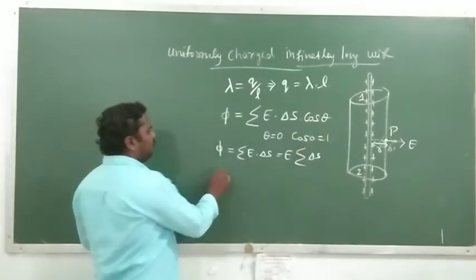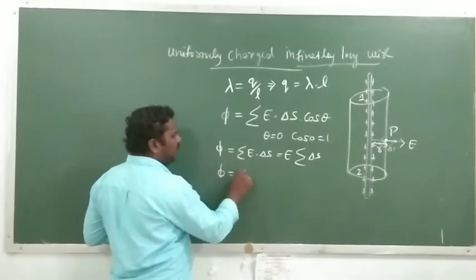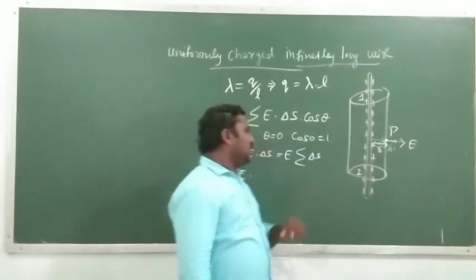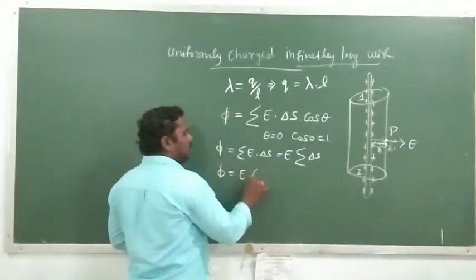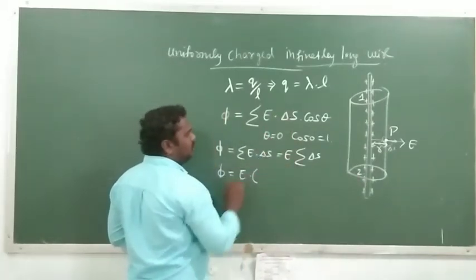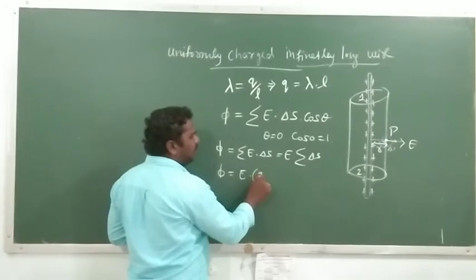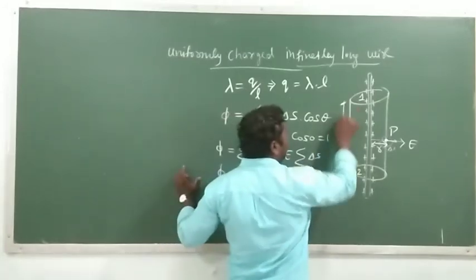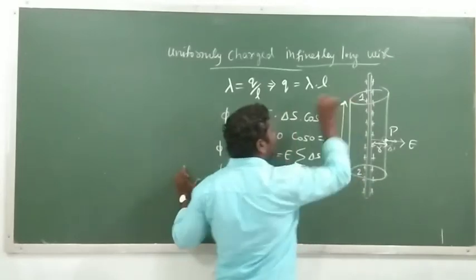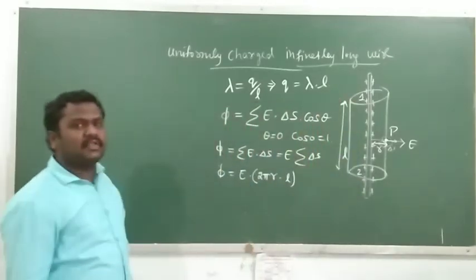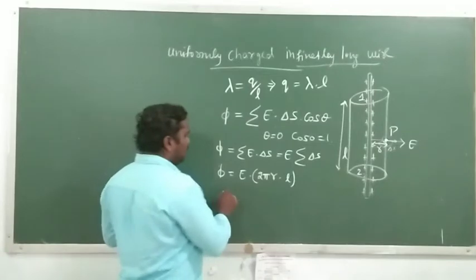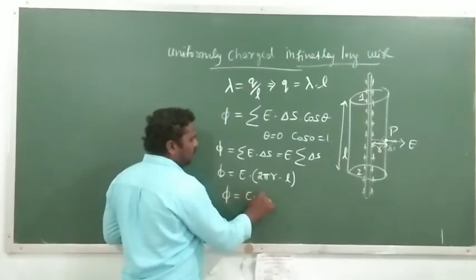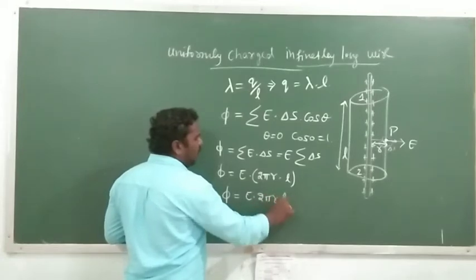So now phi is equal to E into the surface area of the cylinder, and we know that the total surface area of the cylinder is given by 2 pi r into L, where L is the length of the cylindrical surface. So the total flux we got is phi is equal to E into 2 pi r L.